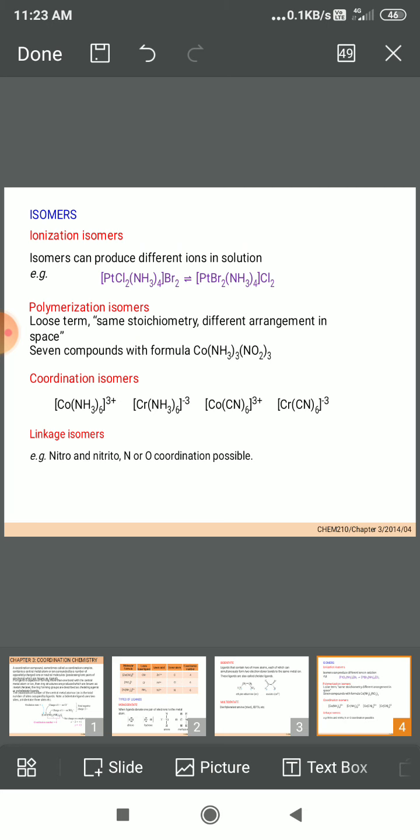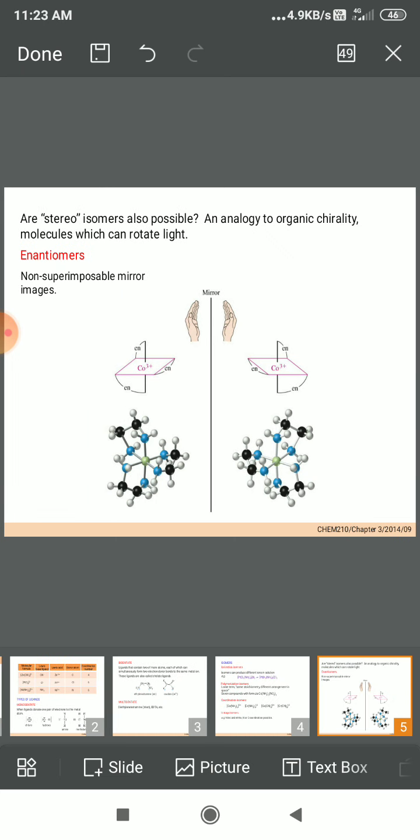Polymerization isomers: there are 7 compounds with the formula [Co(NH3)3(NO2)3]. Then coordination isomers. There are many examples of coordination isomers. Then linkage isomers, for example nitro and nitrito, where nitrogen and oxygen coordination is possible.